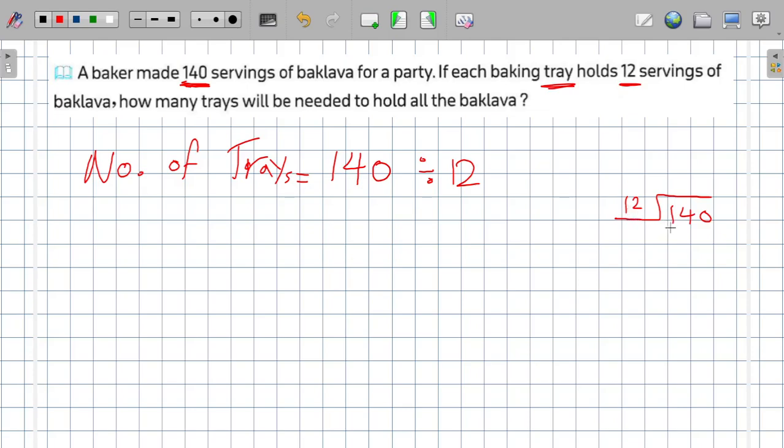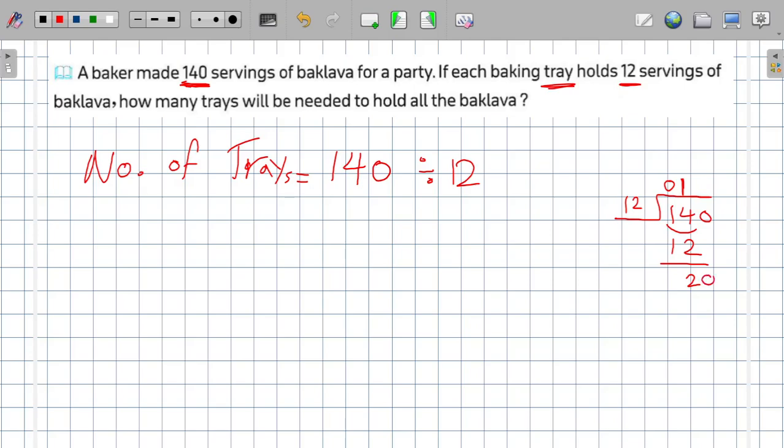It can't be, because 1 is less than 12, so I will write 0 here. The first two digits here will be 14. 14 is not in the timetable of 12, so I will try to find a number less than 14 and in the timetable of 12. I think it will be 12. 12 divided by 12 equals 1, and the remainder will be 2.